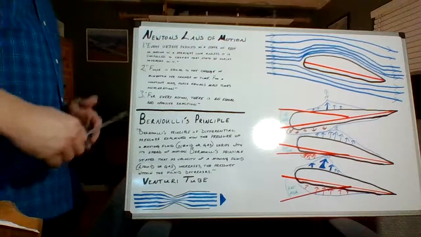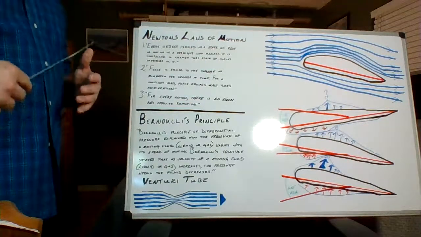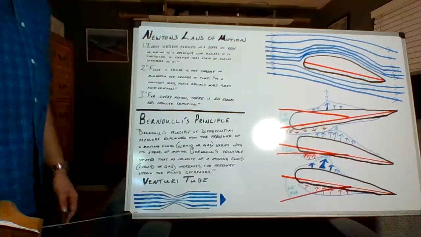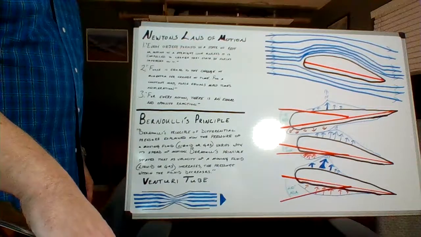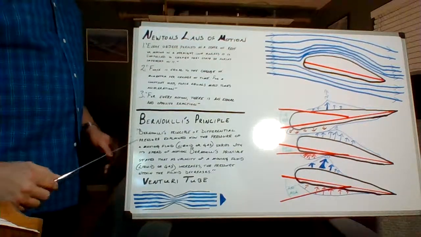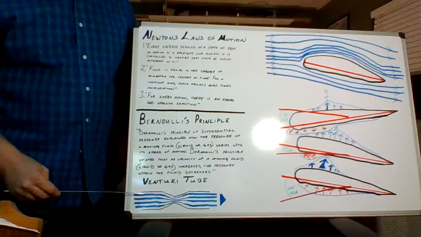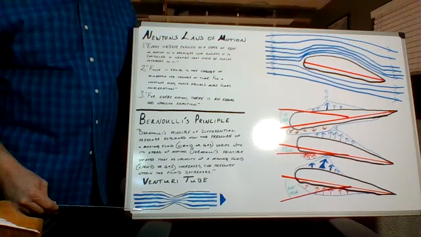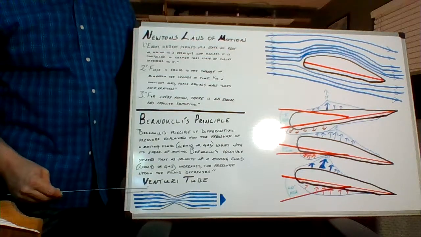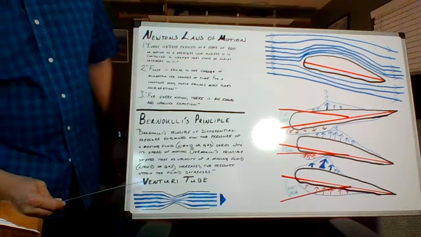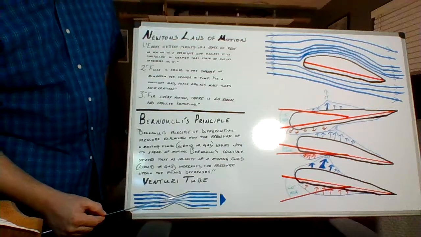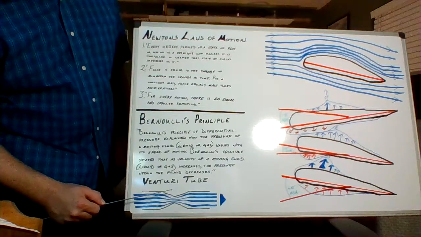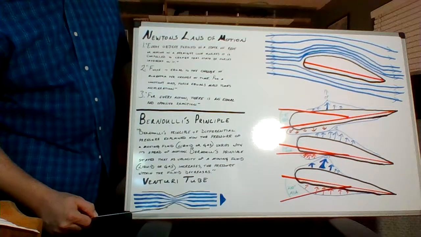Basically, the best way to visually explain Bernoulli's principle is a Venturi tube. If you have air entering the Venturi, and they are both equal in velocity and pressure, once they reach the center or the focal point, the pressure has decreased and the velocity has increased.